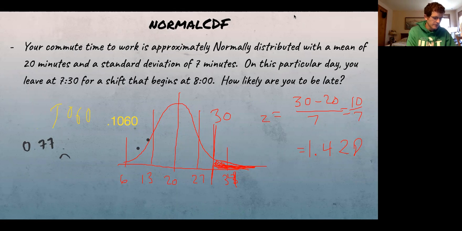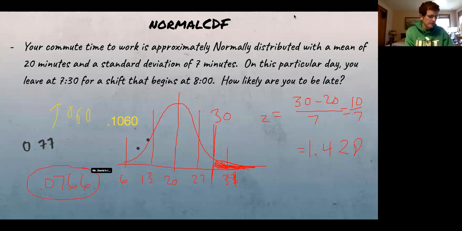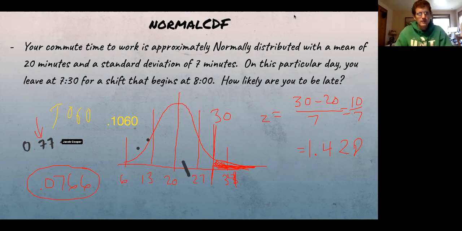Well, if I do the first four numbers, 0.0766. So something got a little bit off in some of these answers. 10% is in the ballpark, but the correct answer is there's about an 8% chance. Okay, and I do see that one right here, Jacob. So good job.